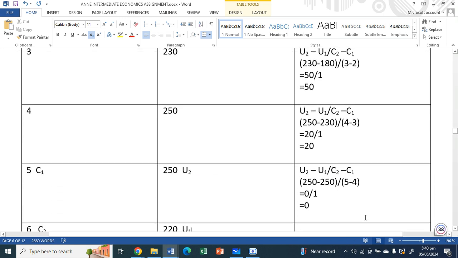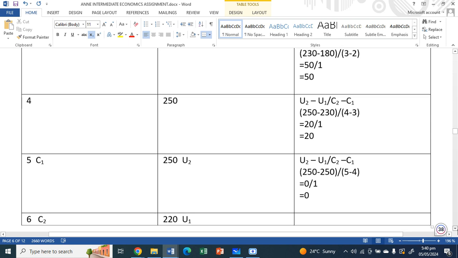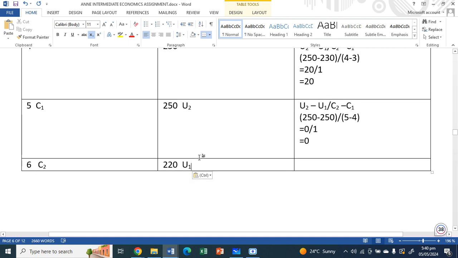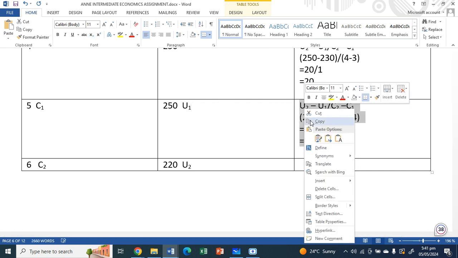Now we are on 0. And here we're expecting a negative utility because our U2 is 220 and our U1 is 250. So we can see that even now the total utility has started to reduce.